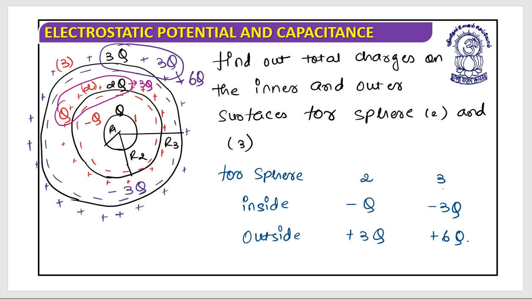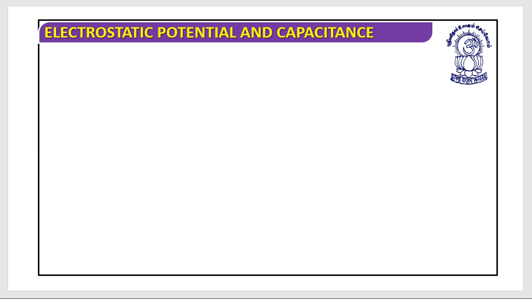Okay, great. So shall we move to the next level? Okay, let's have a look. What they ask is that, let's say this is one plate and this would be the other plate.